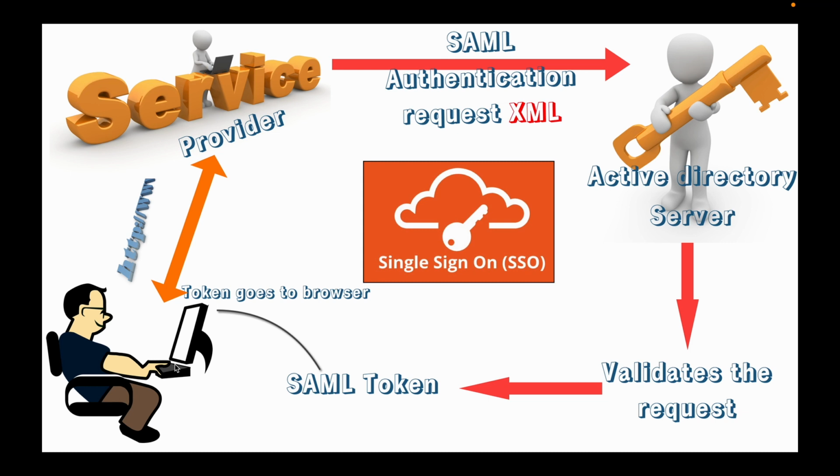For a duration of time, let's say half an hour, it will be valid, and you can go on browsing the data in that particular application for half an hour without any interruption, or it depends on whether it is half an hour or 1 hour. So it will be for a particular duration of time, so that you need not enter that particular username or password again and again.